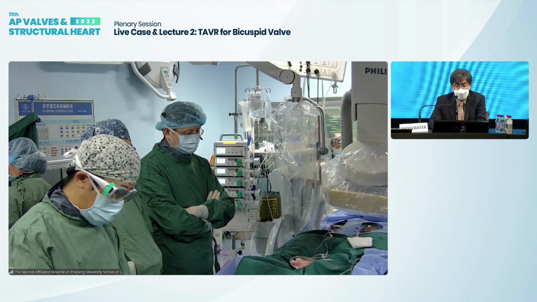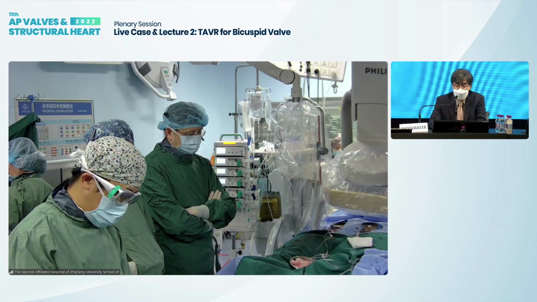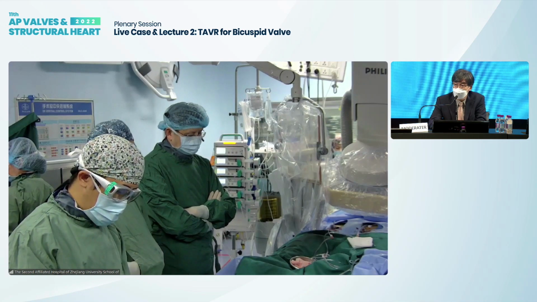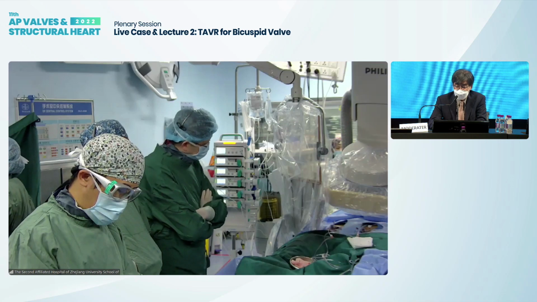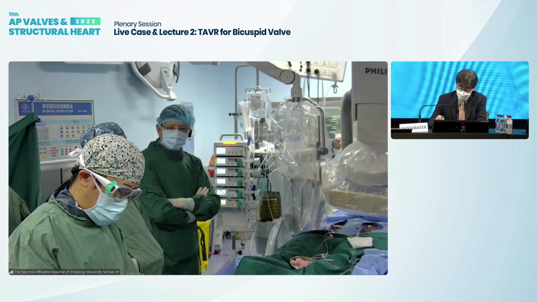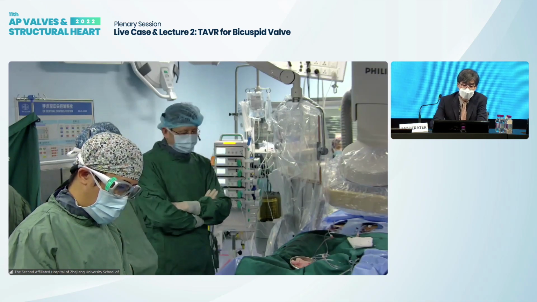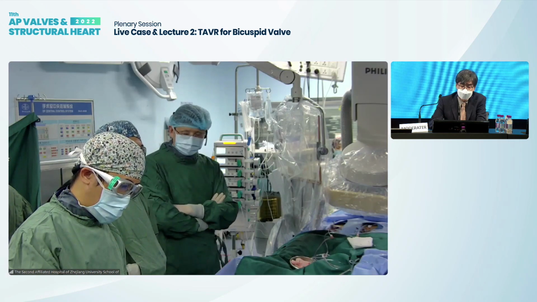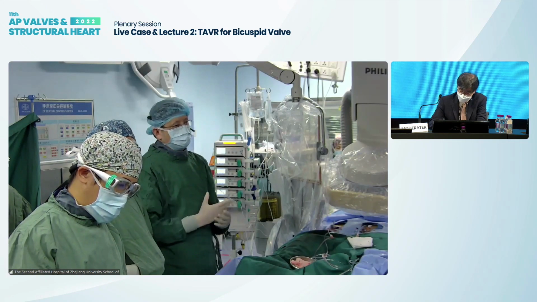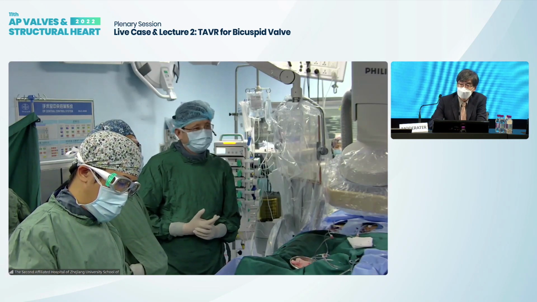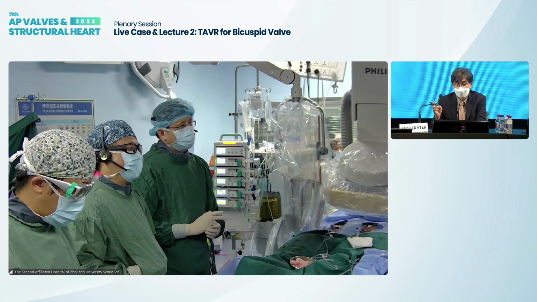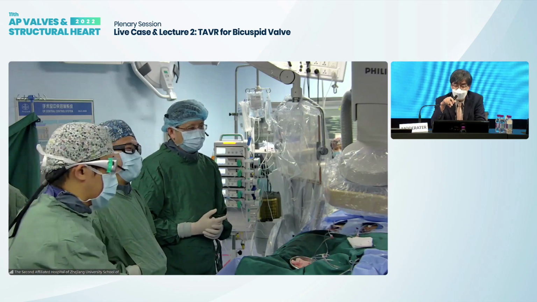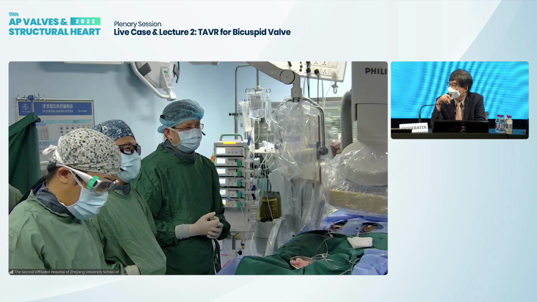So I'd like to ask the height of this patient, maybe less than 150, a small patient. How tall is the patient? 155. So just barely 5 foot. It's a regular size for a female in China. That is the Asian side, not the European or Western side.